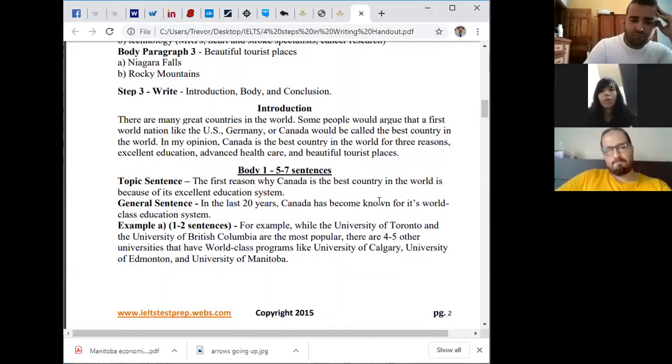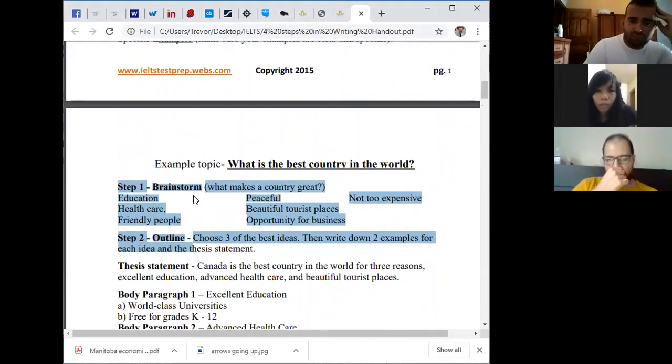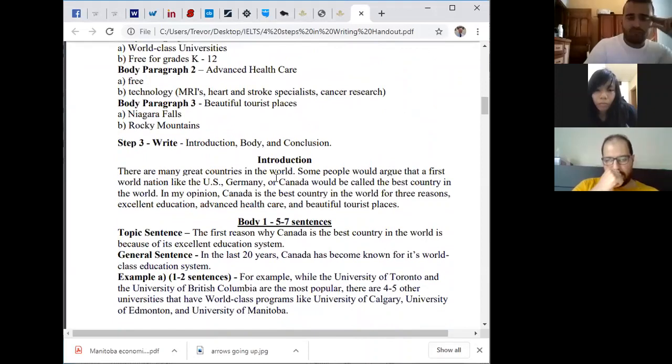Okay, so I'm still sharing the screen. If you can see, after I have the step 1 and 2 example, I've then written an essay and I've broken it down into sections. Because of our time, I'm just going to go through this quickly, but then I'm going to send these documents to you.